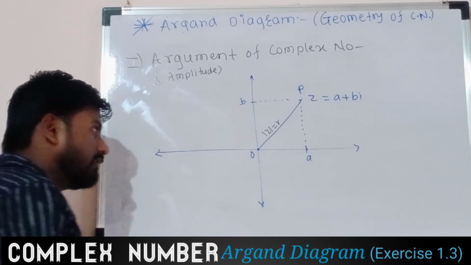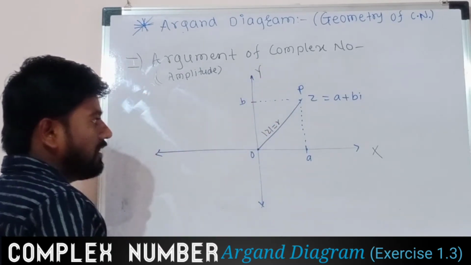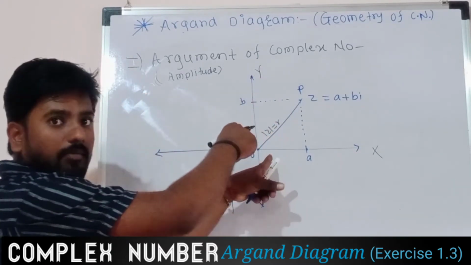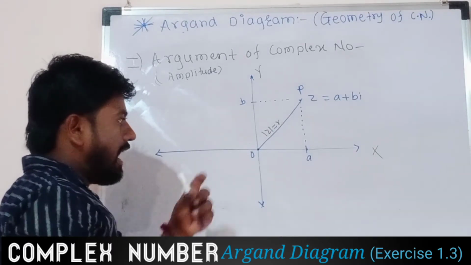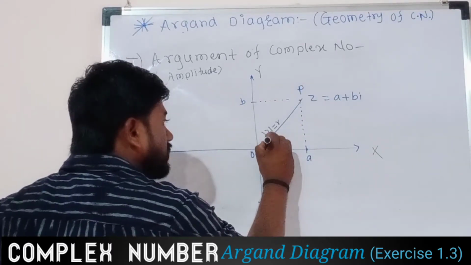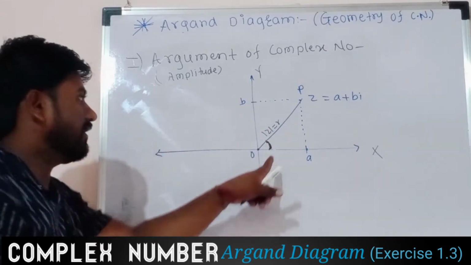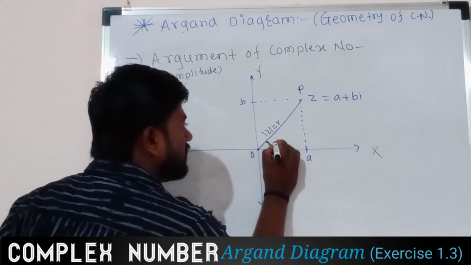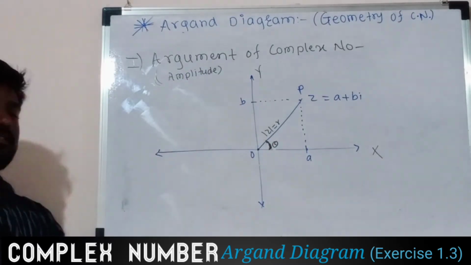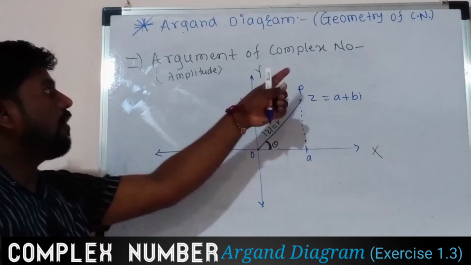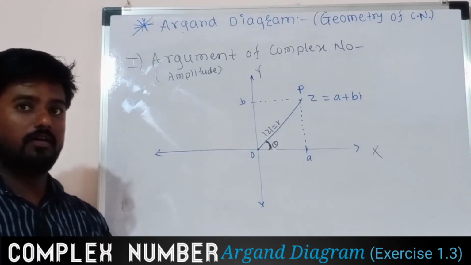Here students, this is the positive x-axis, this is the y-axis, and the angle is made by OP. OP is the modulus. So the angle made by OP with the positive x-axis is theta, and this theta is called the argument of the complex number.